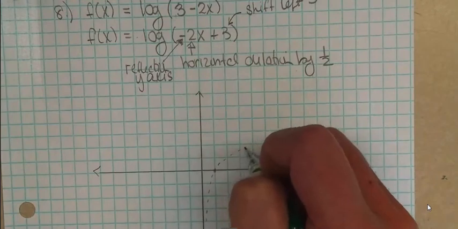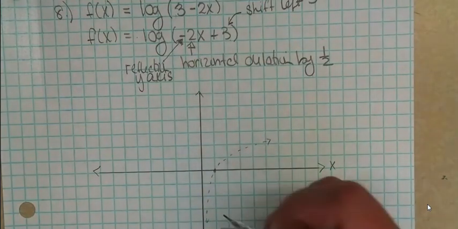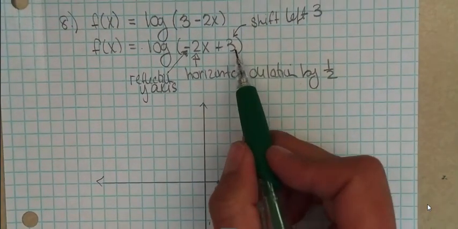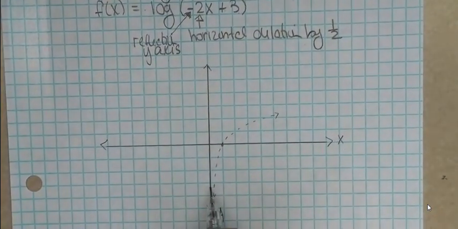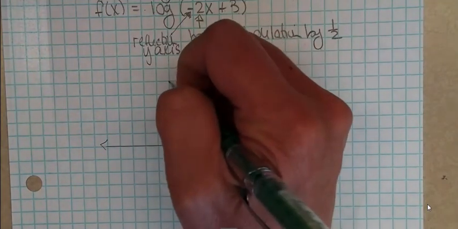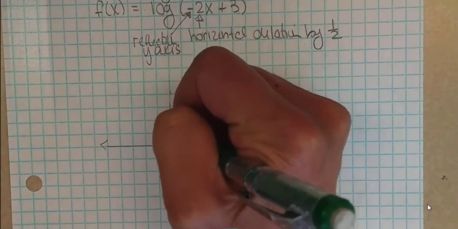That's my parent graph. But now I'm going to shift it left 3. And with that, the asymptote also gets shifted. So that asymptote that used to be at the y-axis is now going back 3. 1, 2, 3. So now I've got this asymptote.